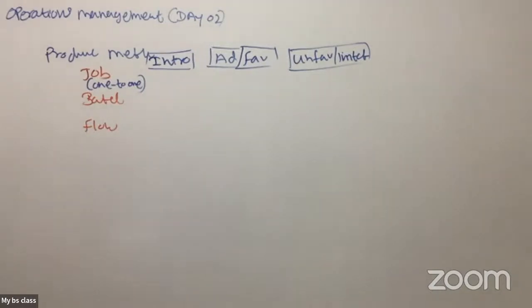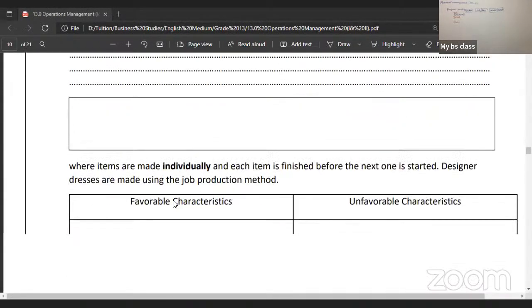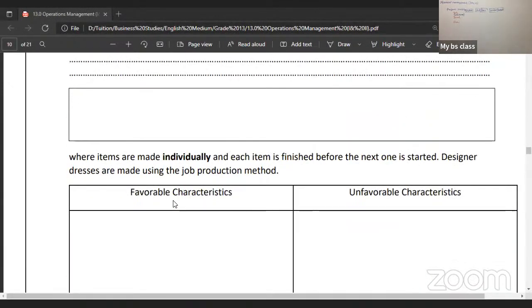I think we just mentioned the 3 types of production methods, that's all. So let's try to finish this part. Like an intro, and then we come to the favorable and unfavorable characteristics. So that's about our first production method, which is the job production.